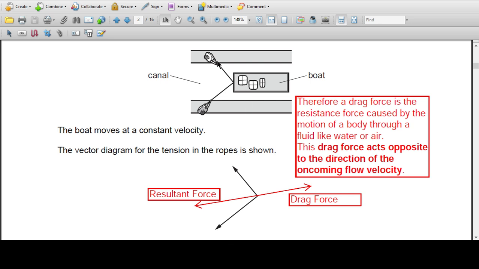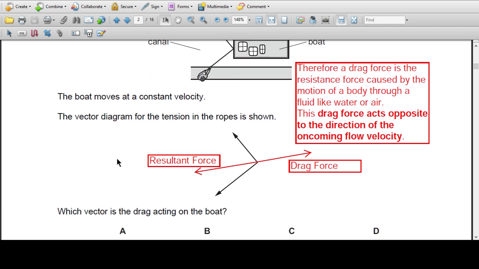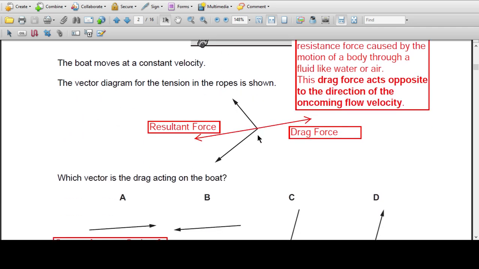So this vector diagram has this pull force here, and another pulling force here. These are the forces that create tension, pulling this boat in a forward direction. So the vector diagram is given here.